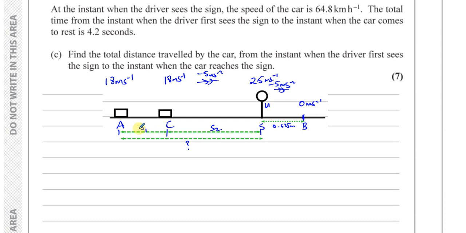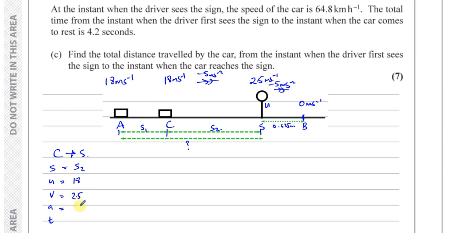So for this, we don't have enough information. We need more information for this. So let's find out from here first. Let's consider between C and S. Let's see what we have in terms of suvat. Now, this is S2. U is 18. V is 2.5.